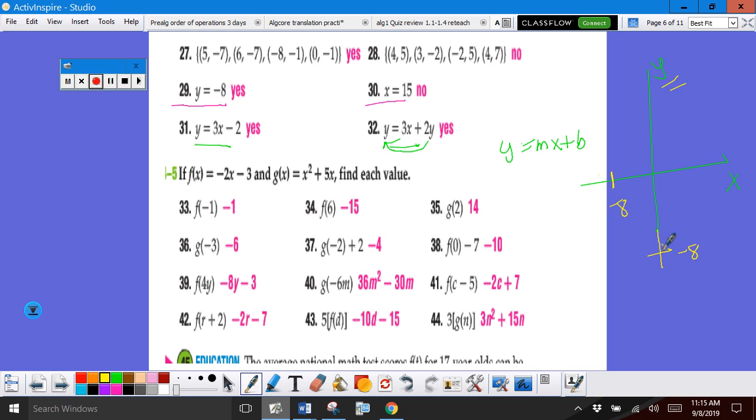Well, that means I am on this point right here, and there is no x value in that equation. There's no x there, so I cannot touch the green line with the line that I'm going to draw. The only line that I can actually draw that goes through -8 but doesn't touch the x is a horizontal line through the -8. So this one is a horizontal line.